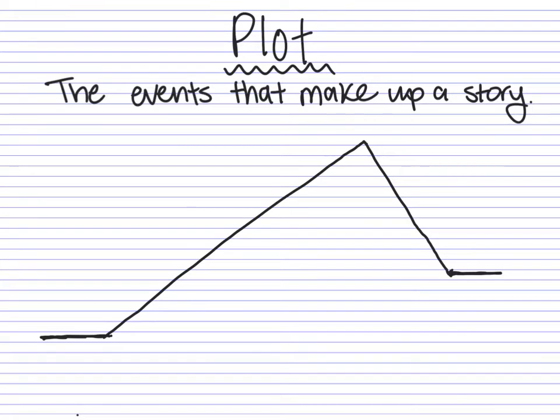This is meant to represent a diagram of the plot of a story. This is like a visual to represent how a story goes from start to finish. There are a total of 5 components that make up a story, and those are the 5 things that we talk about today.